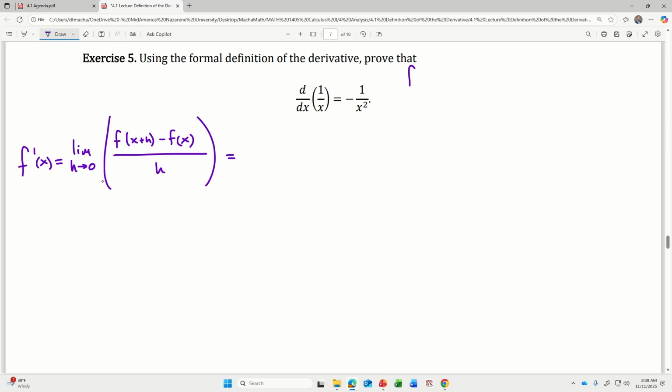And here, my function is 1 over x. So f of x plus h is going to be what? 1 over x plus h, with x plus h all in the denominator where the x was.